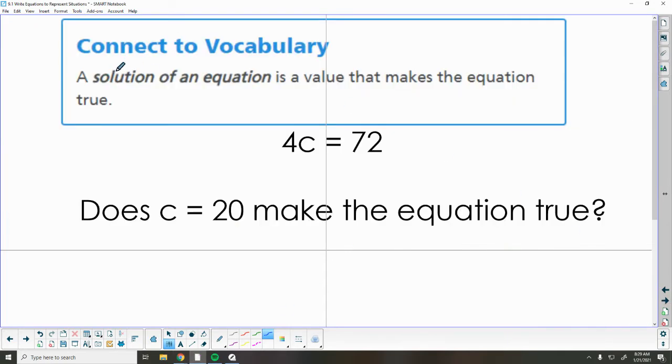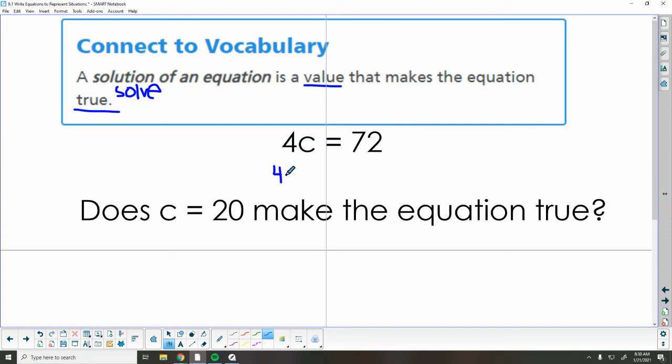So a solution of an equation is just the value. A solution is when you solve it and it makes it true. So when the value is true, we have found the solution. So let's try substituting C for 20 and see if that's true. So we know we had 4 C's and our total was 72.